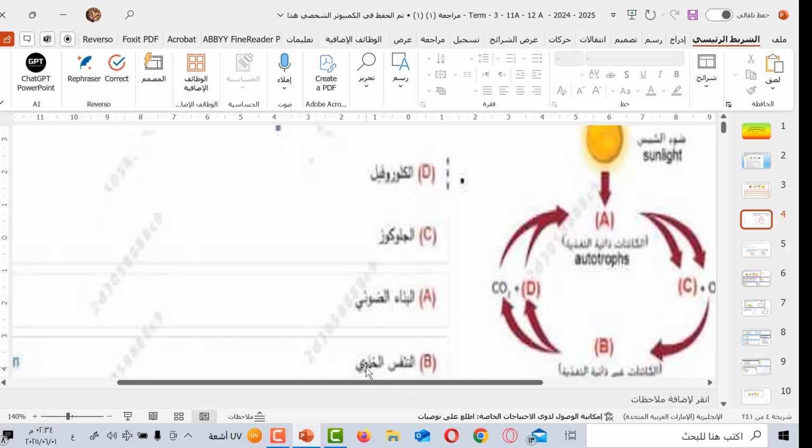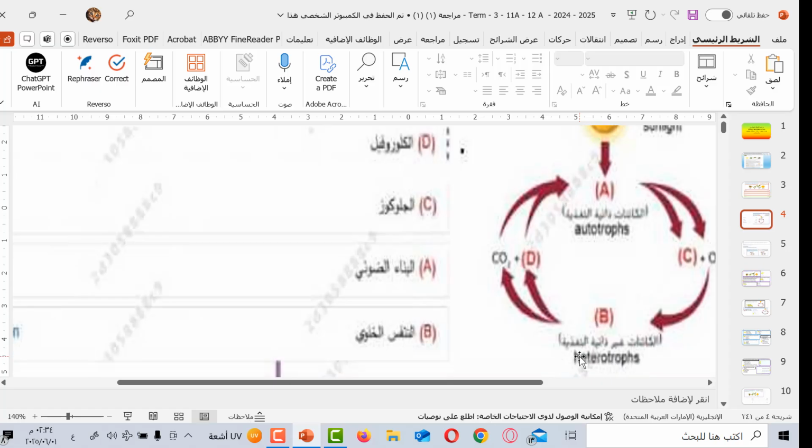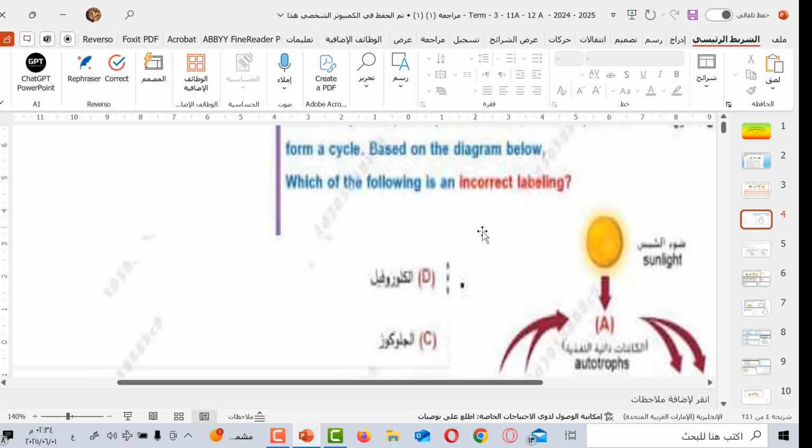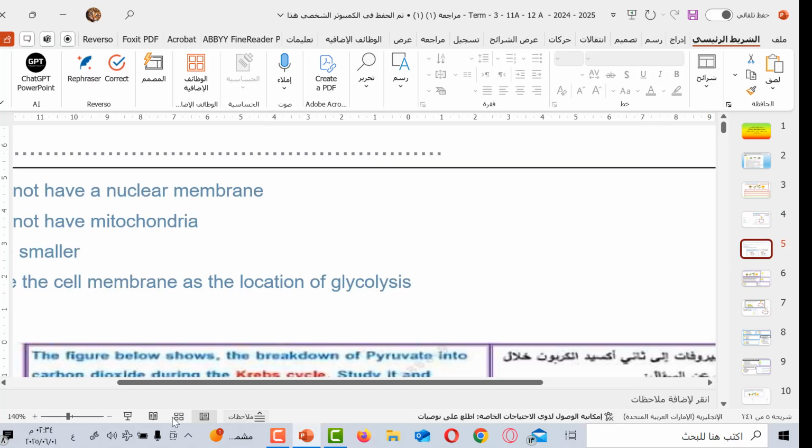B is cell respiration, it's correct, but D is not. D must be H2O, water, so that is our choice. This one is the correct answer for this question. Let's see the next question.